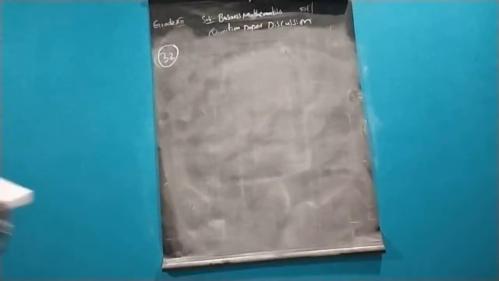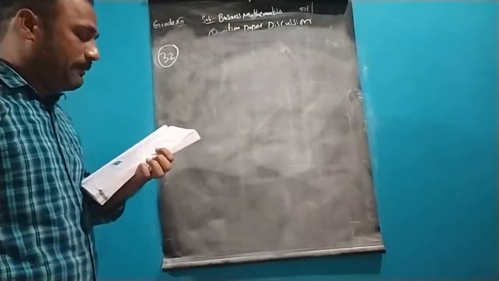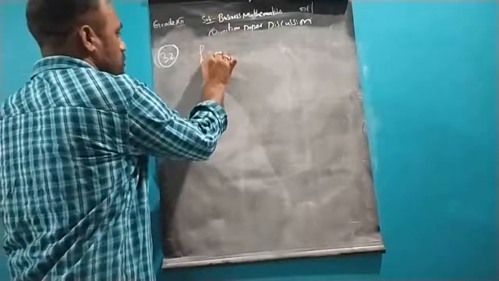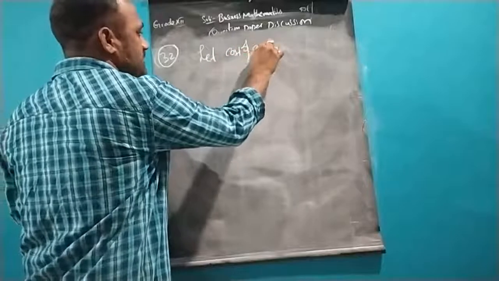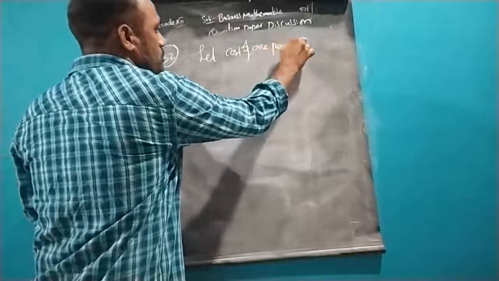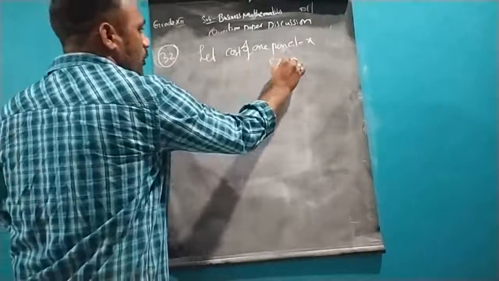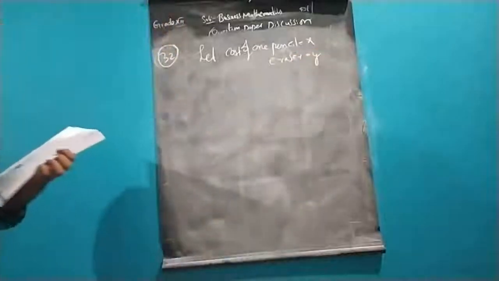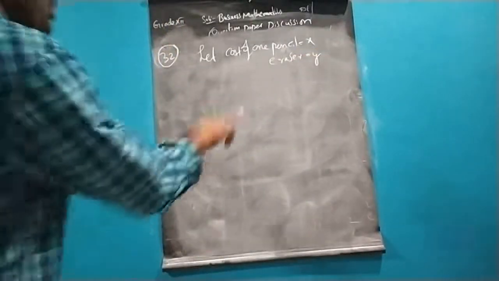Next, let us see the 32nd question. The total cost of 11 pencils and 3 erasers is 64. Let us assume one pencil costs x and one eraser costs y.